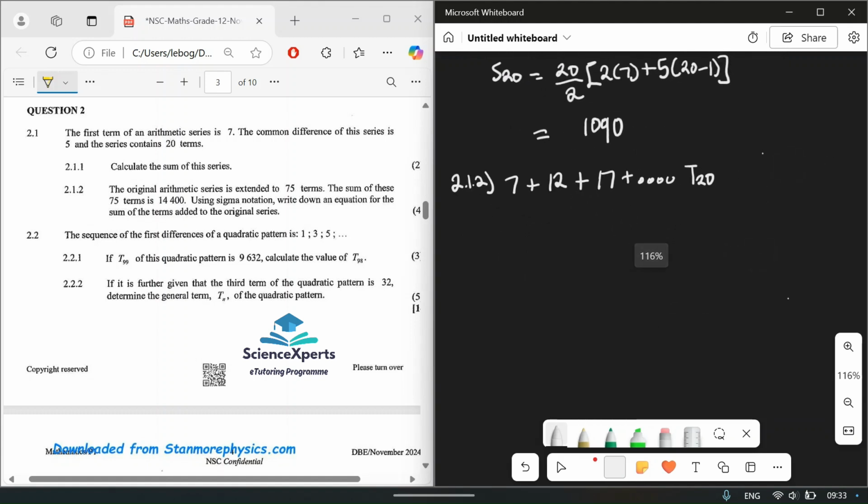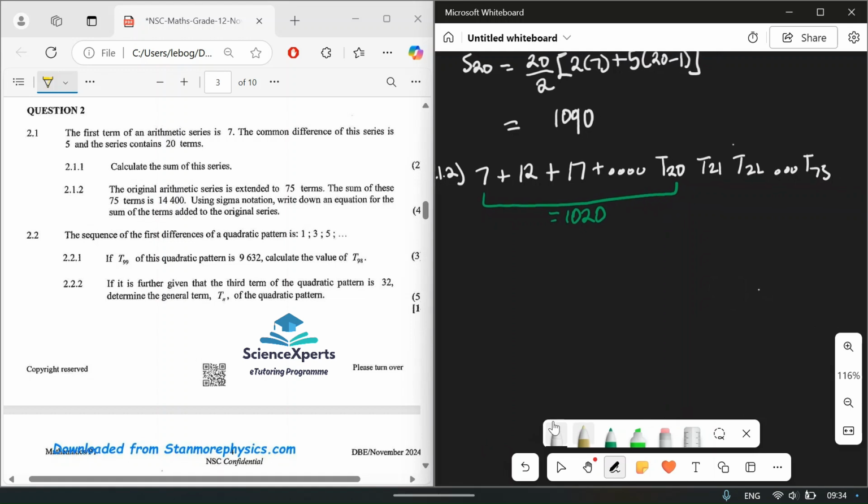When you add all these numbers of the original series, the sum was 1090. Now we are extending it. We are adding T21, T22, up until T75. The sum of this part, from T21 until T75, is the one we need to represent using sigma notation.